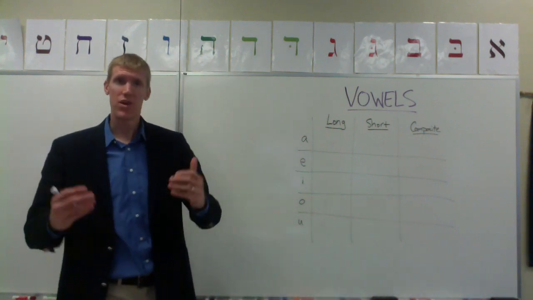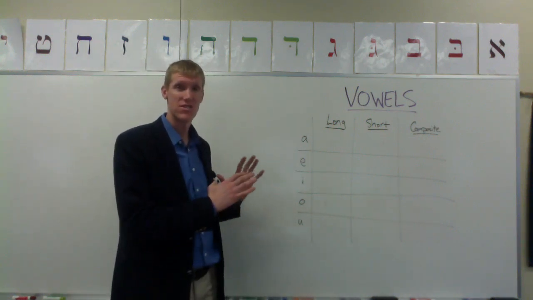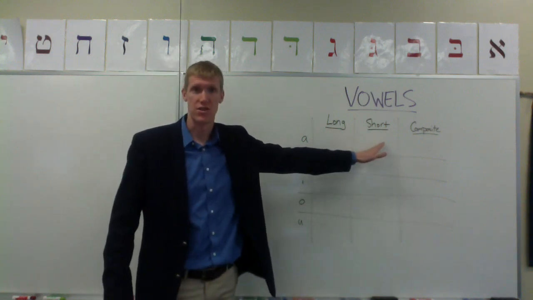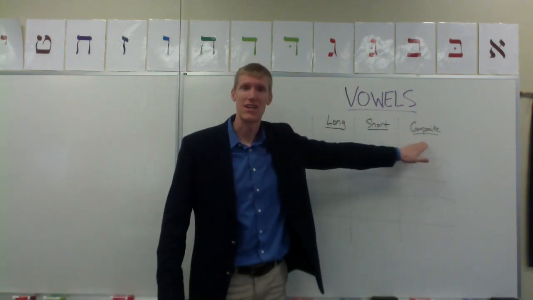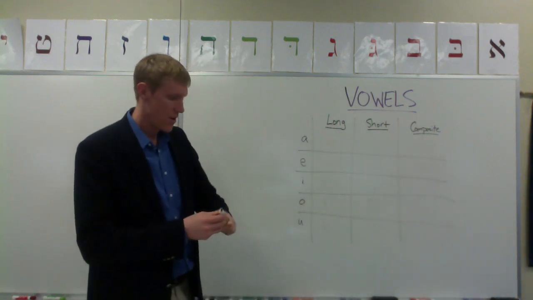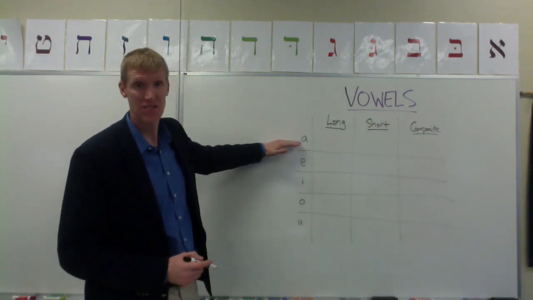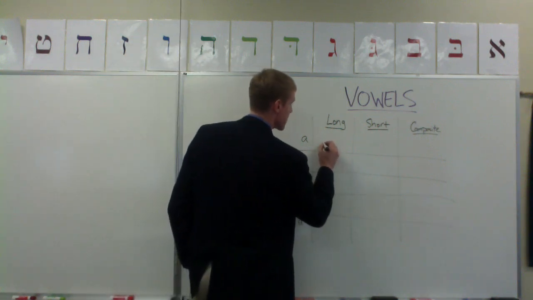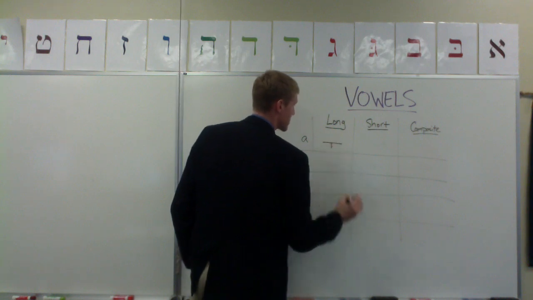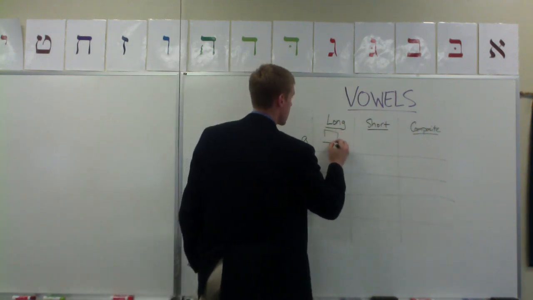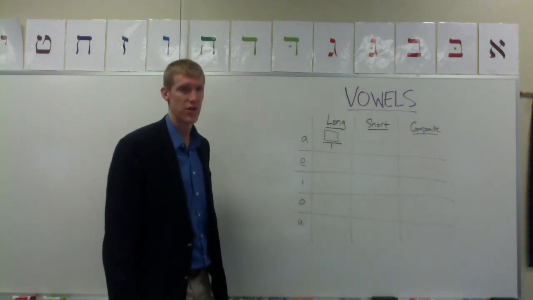Within these 5 different sounds, there can be long or short versions, or the composite, which is super short. So for the A-class vowels that make the sound ah, the long version is represented by what looks like a T, and this goes underneath the consonant.